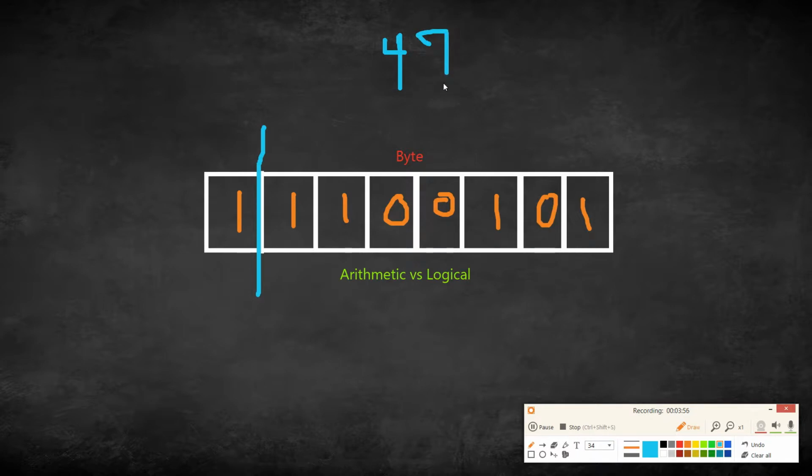If you've been using the decimal system and you were to shift, let's say you add a 0 over here, this value instead of 47 becomes 470.